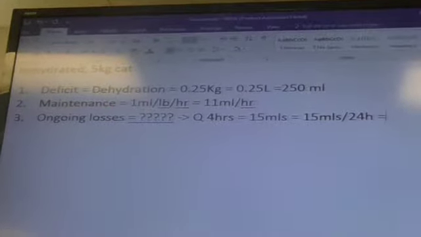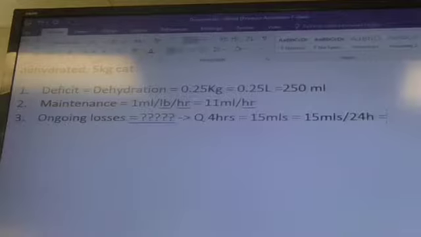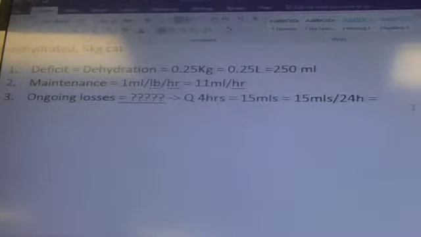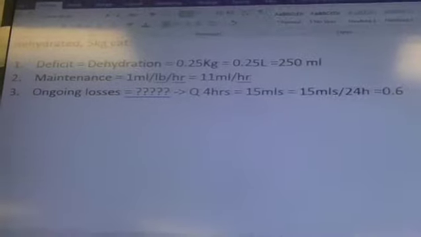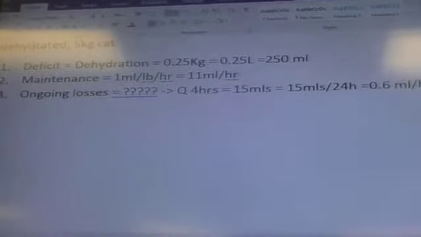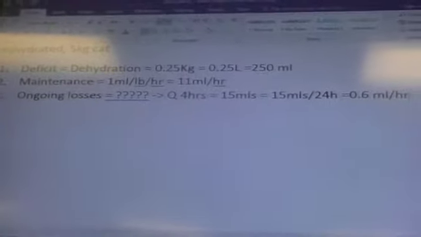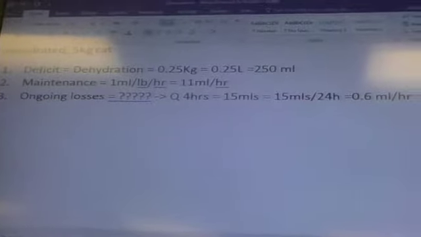It's a little bit less than 1 ml per hour, 0.6. Let's leave it at 0.6 ml per hour more. So that little bit has to be added to your maintenance and your deficit.